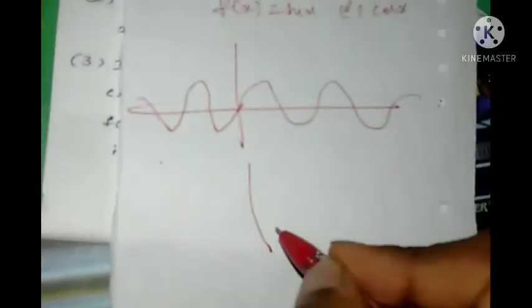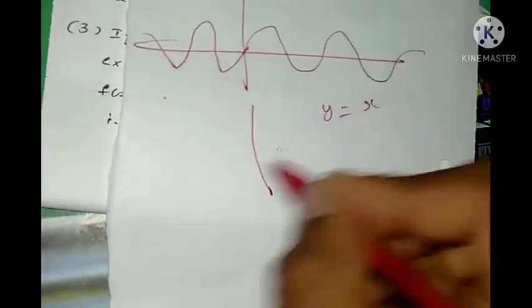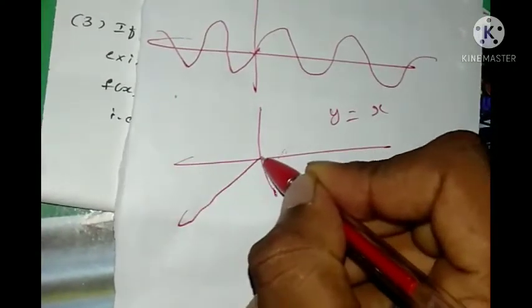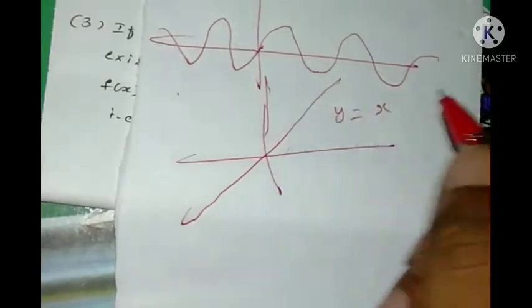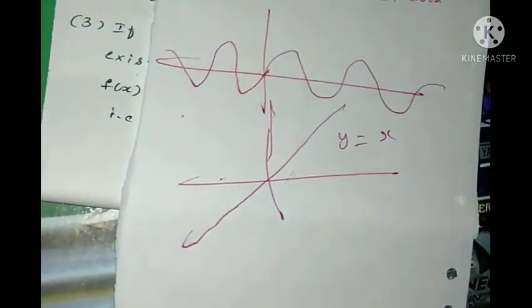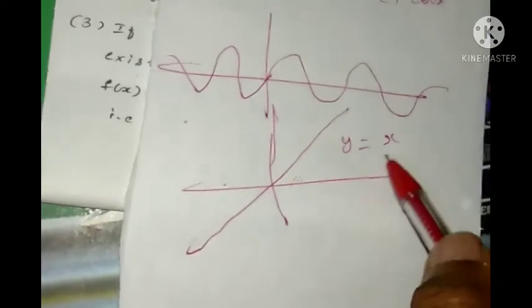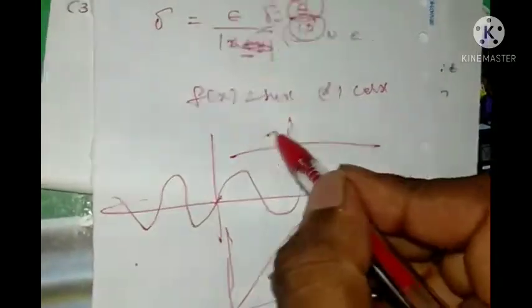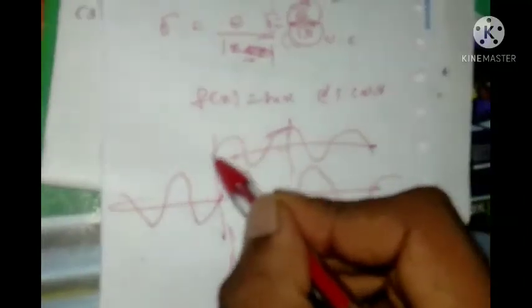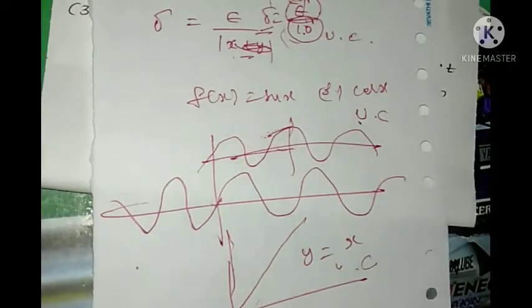And we take another example, y is equal to x, a straight line. This is not parallel to the y-axis, this is also uniformly continuous. And we take the graph of cos x also. This is the graph of cos x, this is also uniformly continuous.